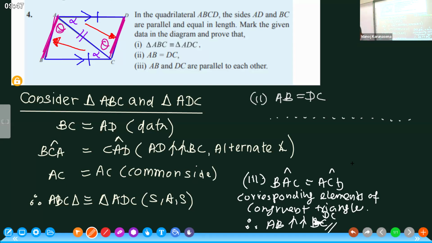Right, case 2. Then case number 2, the second case.